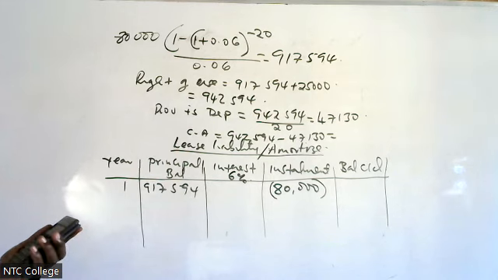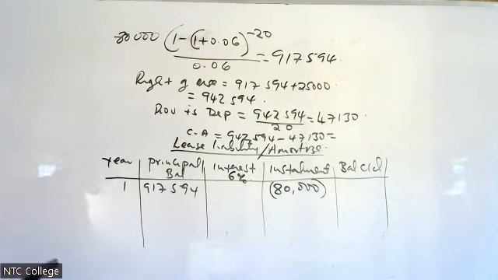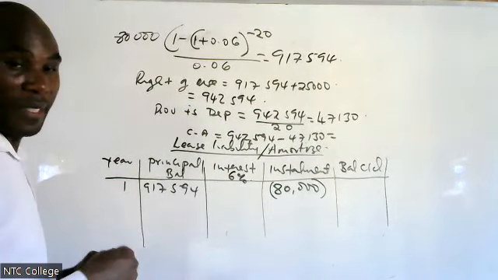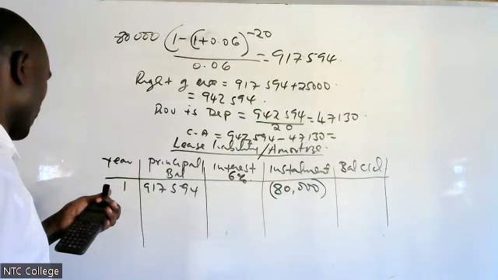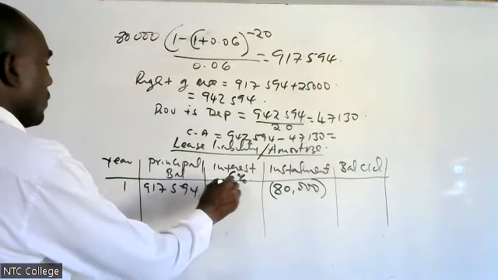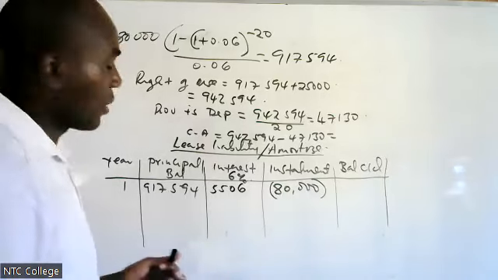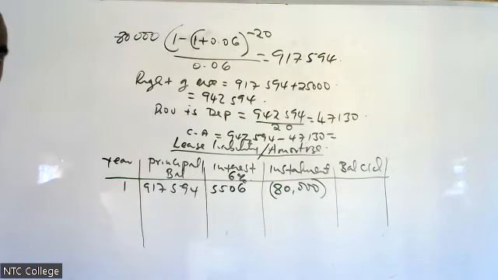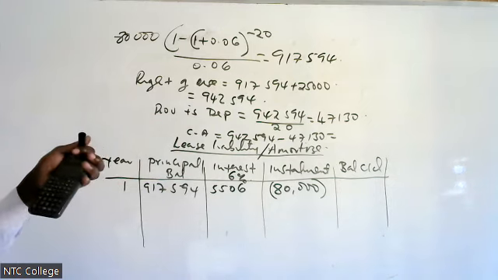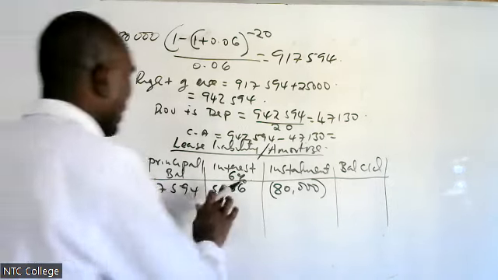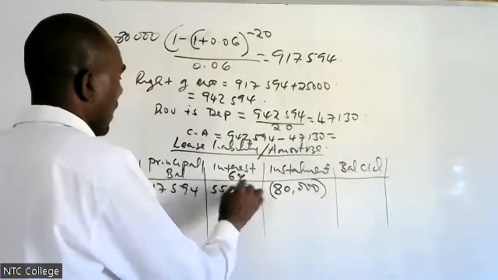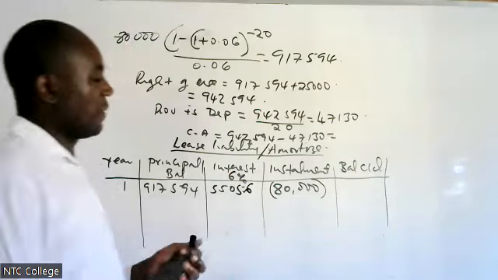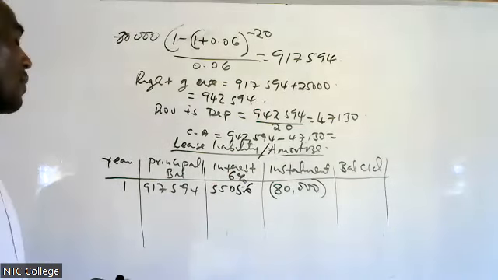I'm getting 55,006. I don't know if that is what you have. 6% of 917,594 gives 55,055, or 56. 55,056.